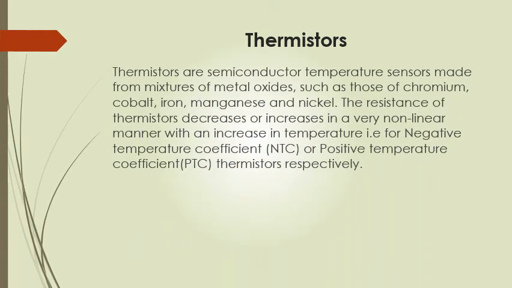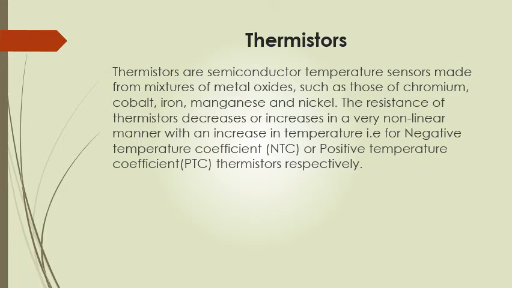Thermistors. Thermistors are semiconductor temperature sensors made from mixtures of metal oxides such as those of chromium, cobalt, iron, manganese, and nickel. The resistance of thermistors decreases or increases in a very non-linear manner with an increase in temperature.